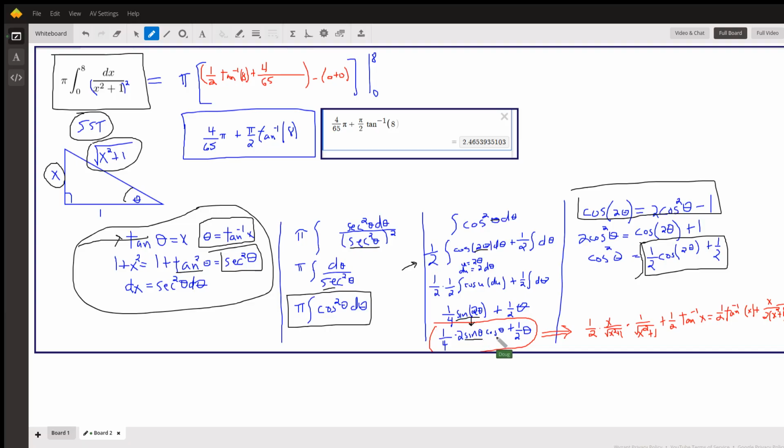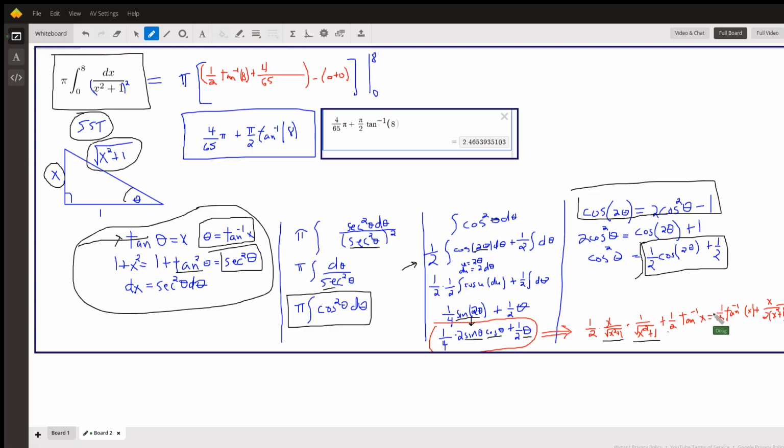Now here's the key. We go back to the right triangle. The sine of theta is opposite over hypotenuse. That's where this came from right here. And the cosine of theta is adjacent over hypotenuse. And theta, this theta right here, is the inverse tangent of x.